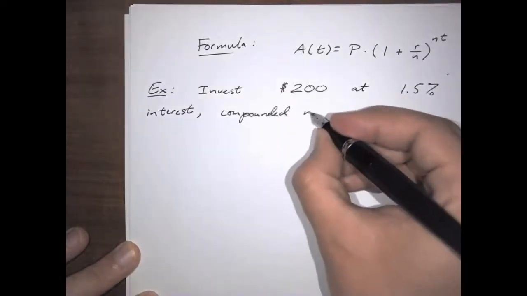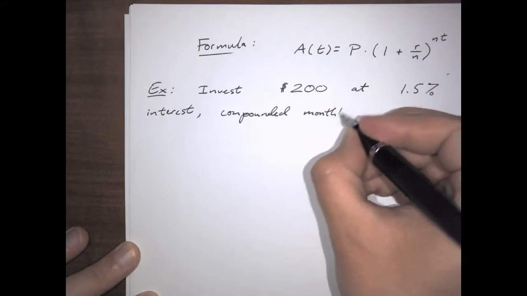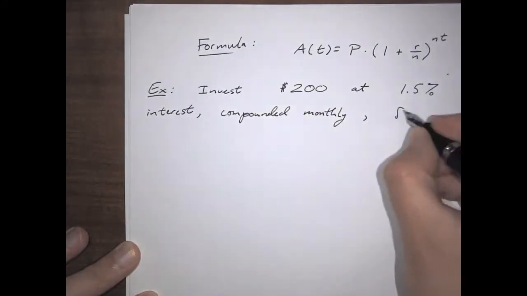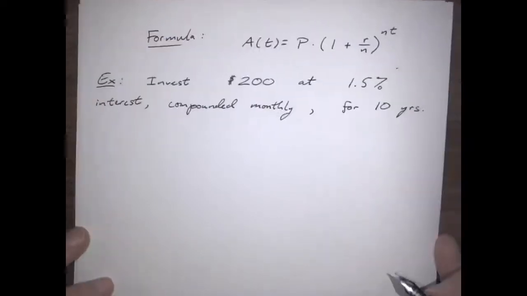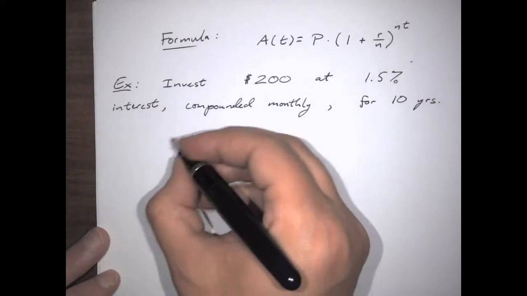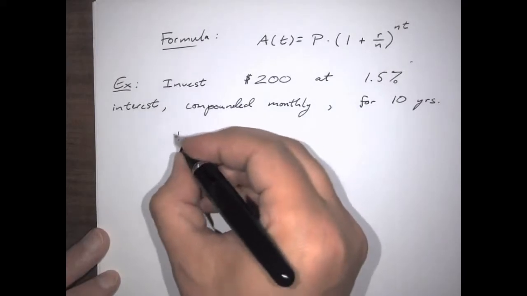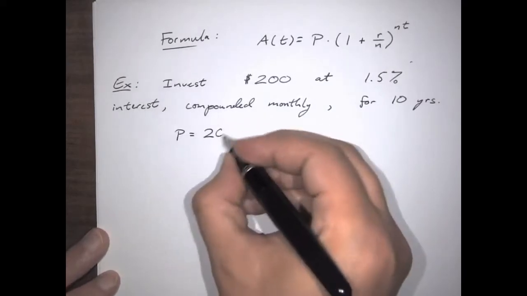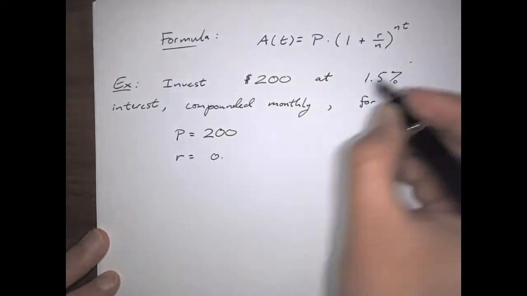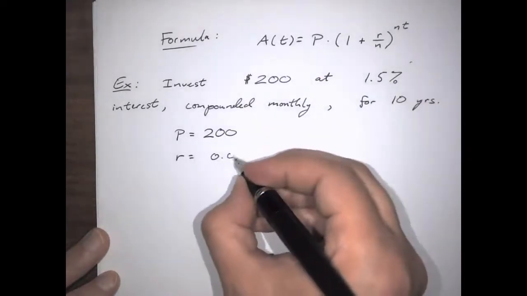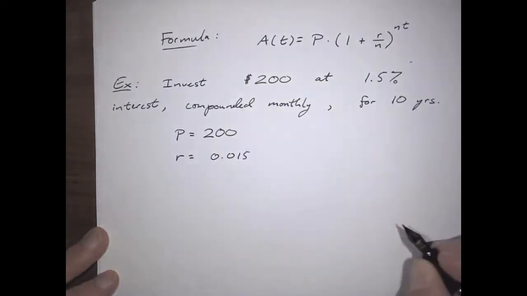Compounded monthly. 10 years. So the principal here would be 200. The rate is 1.5%, so it's going to be 0.015 if we do it as a decimal.